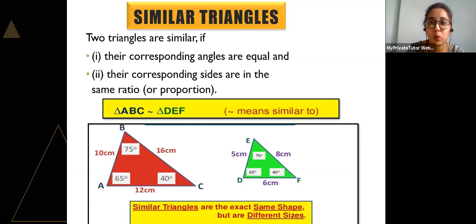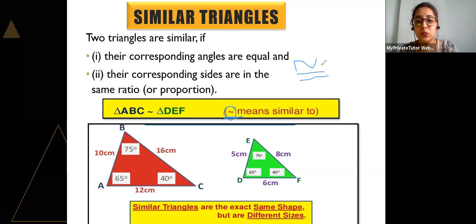Now, what does this symbol mean? This symbol specifically denotes that they are similar. Whenever we have to show that the given triangles are similar, we put this similar sign between the triangles. Like we put the congruent sign: the equal to sign means that all the angles and sides are equal, and this sign means that they are similar as well.